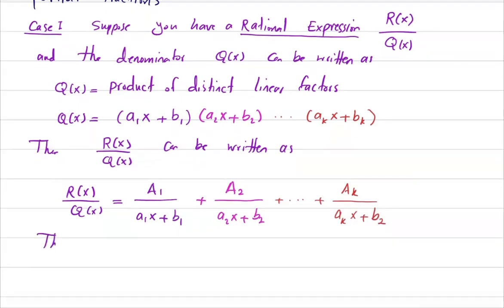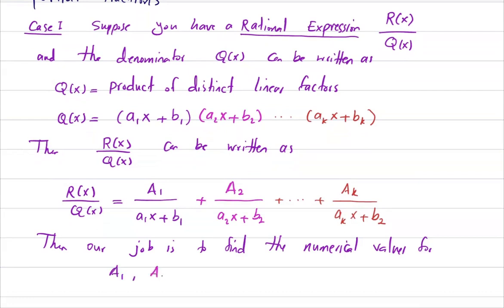Our job is to find the numerical values for A sub 1, A sub 2, A sub 3, and A sub k. This is our very first goal. Let us go over one simple example.